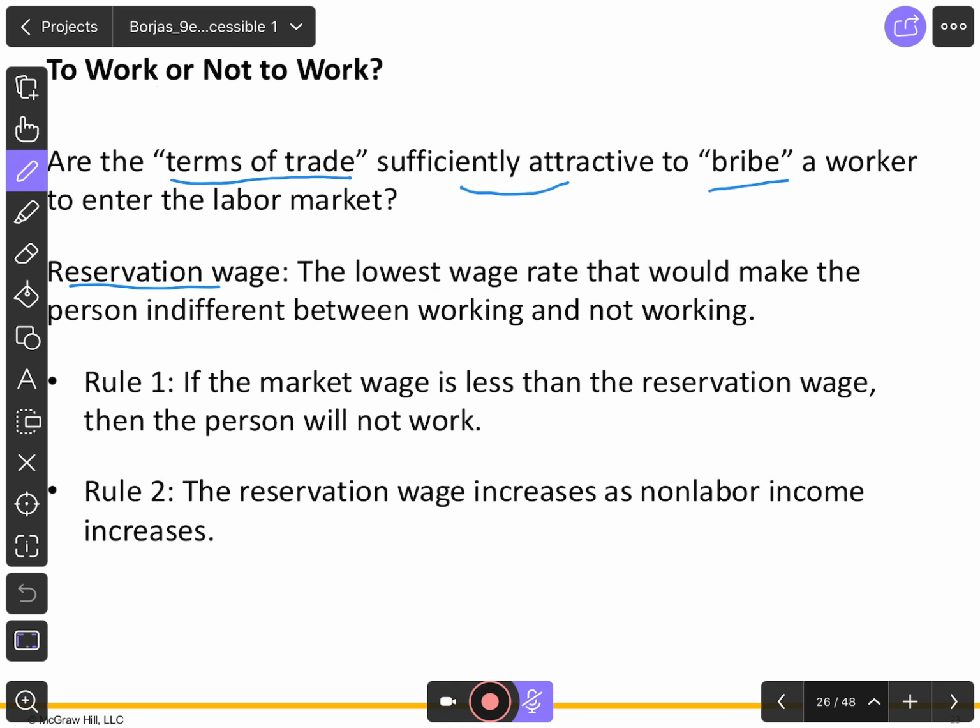So finally, the worker is going to decide how many hours of work versus hours of leisure they are going to demand. All right, let me stop here and I'm going to record another video.